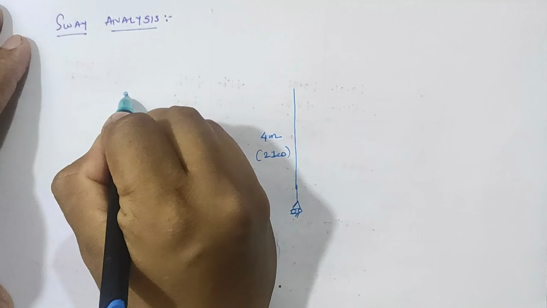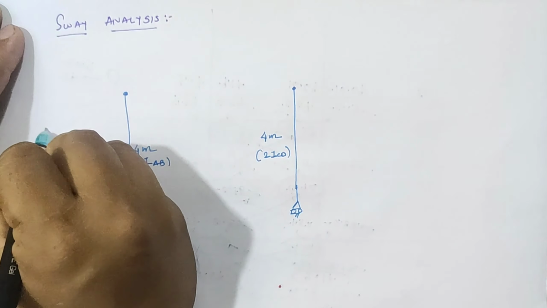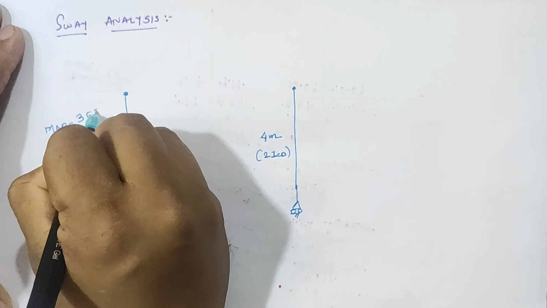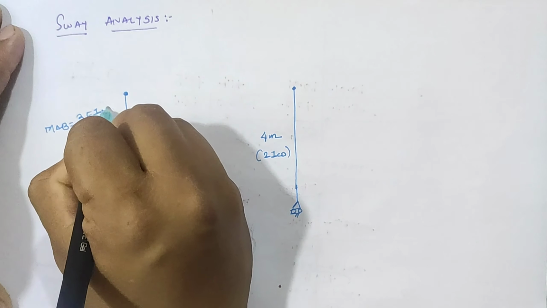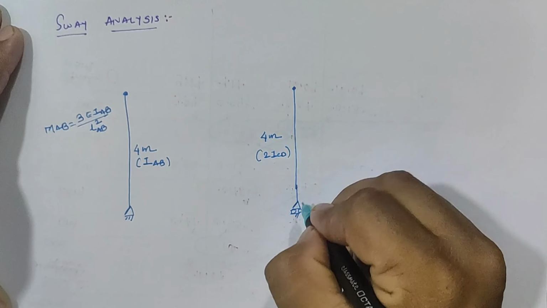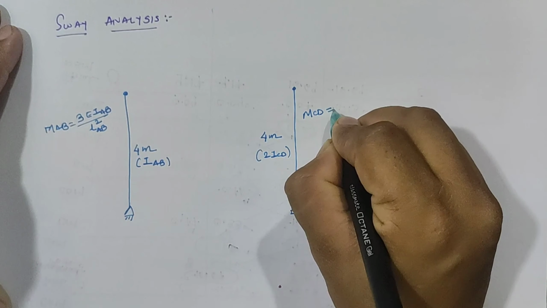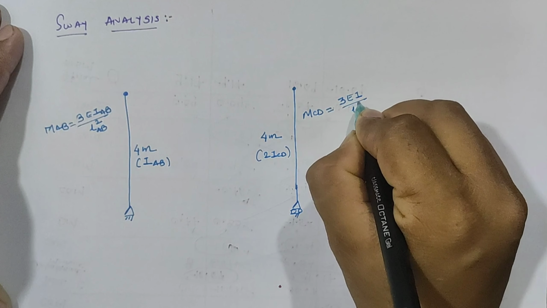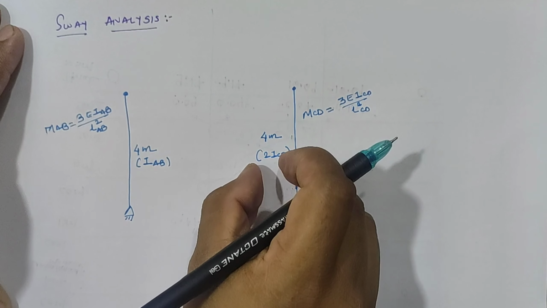Now for the moment relation for span AB, our equation is 3EI by L square, where I for AB is 1 time and LAB is 4 meter. Similarly for the CD span, our equation MCD is equal to 3EI by L square, where ICD is given as twice the IAB.